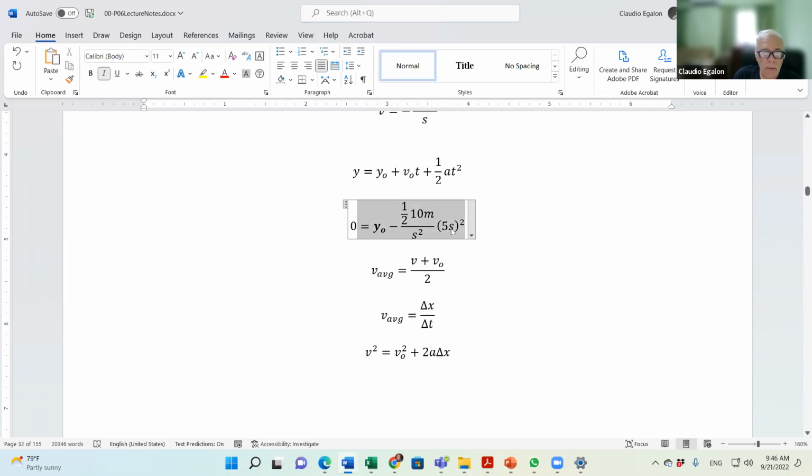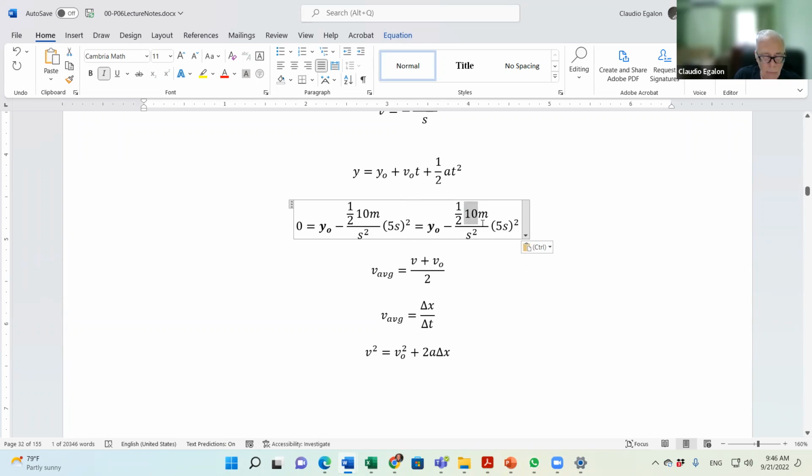So let's continue deriving that. This 10 cancels out with 2, becomes 5. Here we're going to square 5, which becomes 25. Seconds is also squared, so it becomes 25 seconds squared.